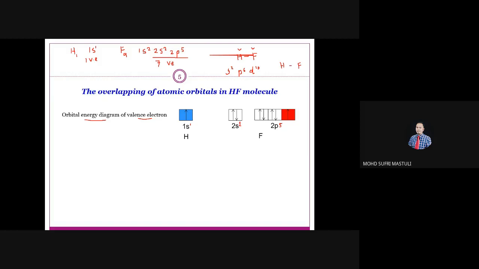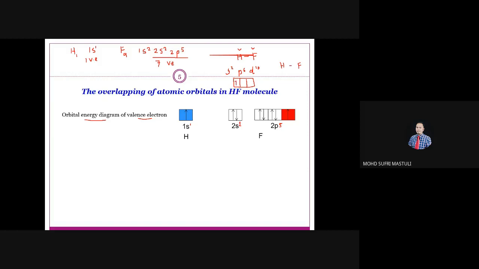Because the p orbital holds a maximum of 6 electrons, it has 3 boxes. For the fluorine, we have to fill in the 5 electrons one by one.